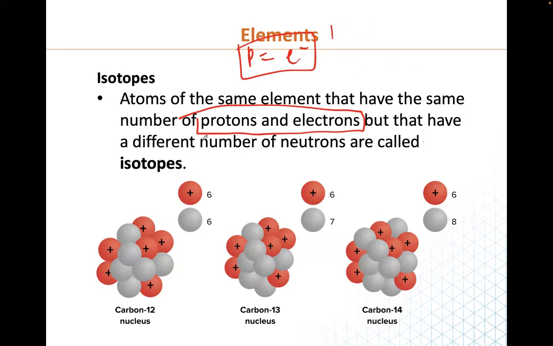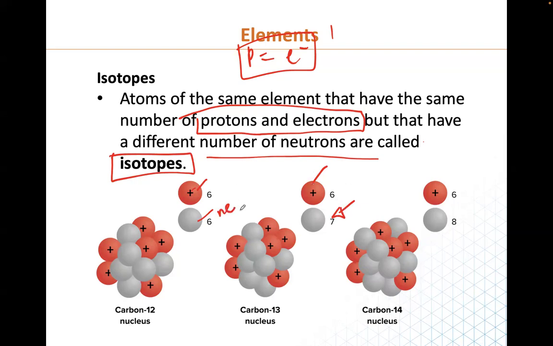But they have a different number of neutrons. So the number of neutrons is different, and that's why we call them isotopes. Let's give an example, carbon-12. Carbon-12 has got how many protons? 6. How many electrons? 6. Carbon-13 has got 6 protons, but it's got 7.